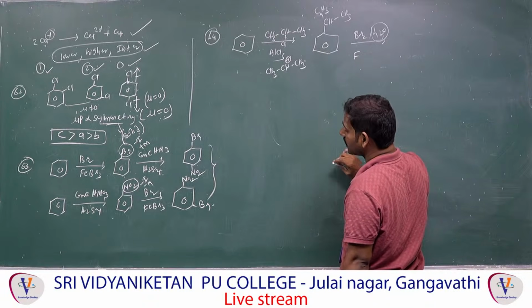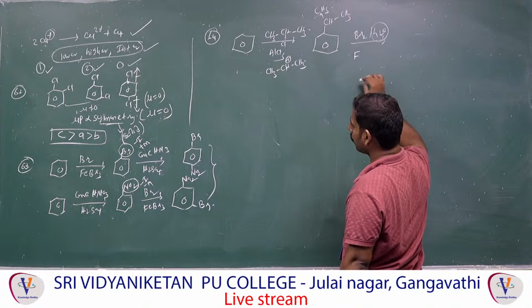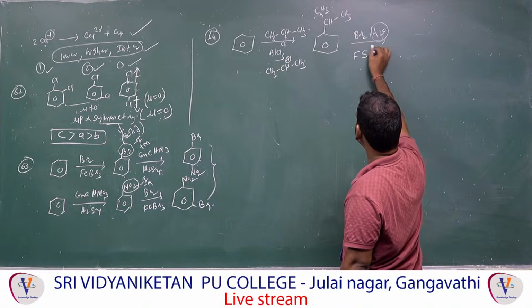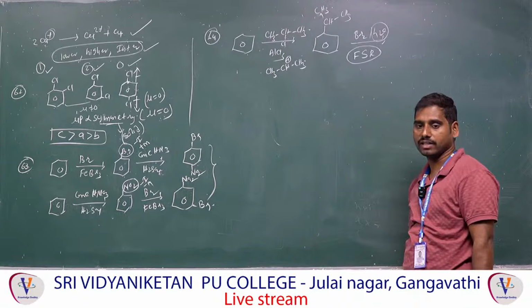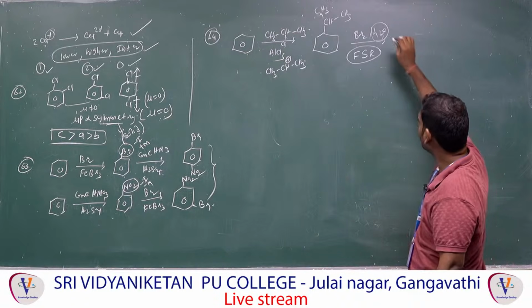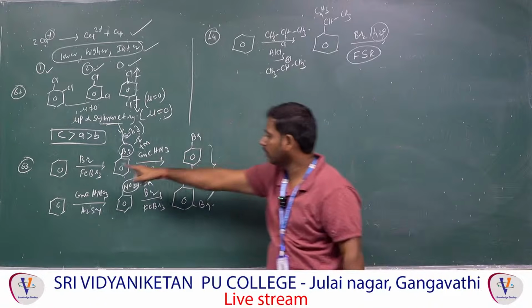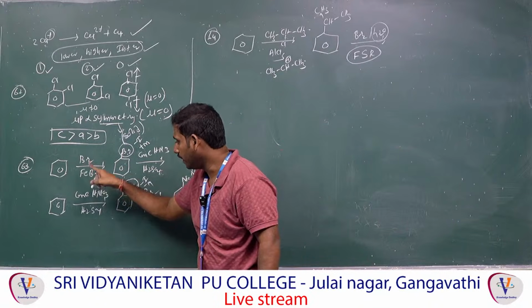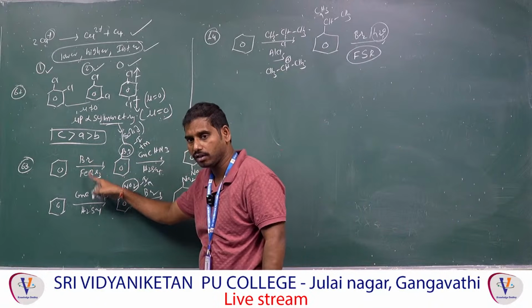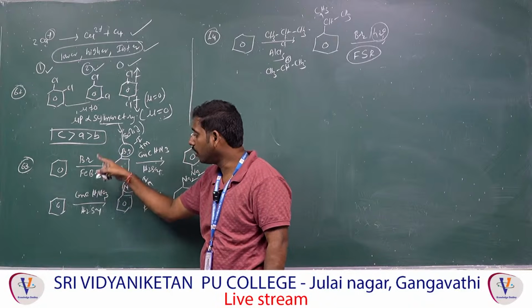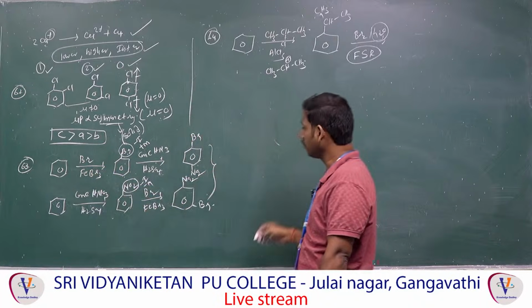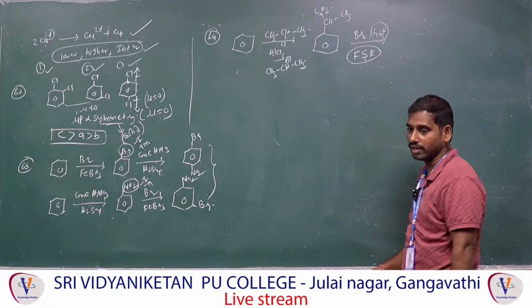Homolytic means what will form? Free radical is formed. So the answer is free radical substitution reaction when the condition is there. When Lewis acid is there, AlCl3, AlBr3, FeBr3, those are called electrophilic substitution reaction. This is called free radical substitution reaction.